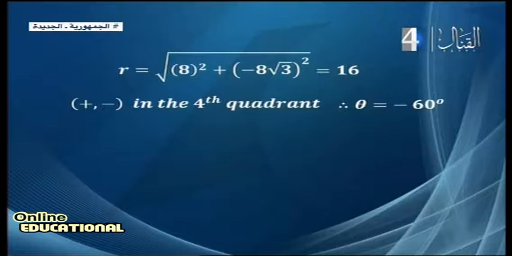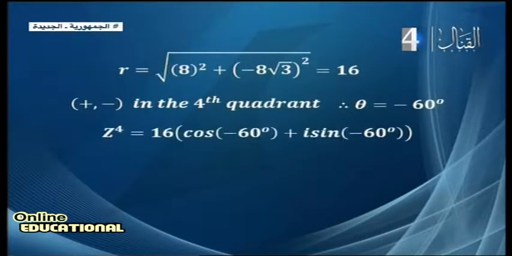Angle theta is negative 60 degrees, must be in the fourth quadrant. Therefore, z power 4 equals 16 cosine negative 60 plus i sine negative 60.